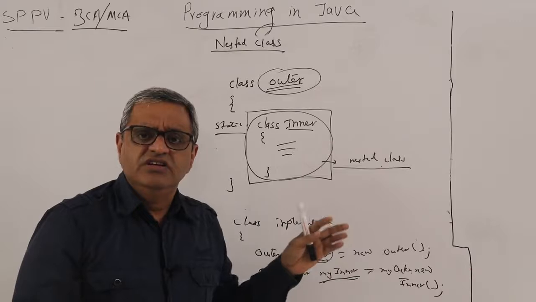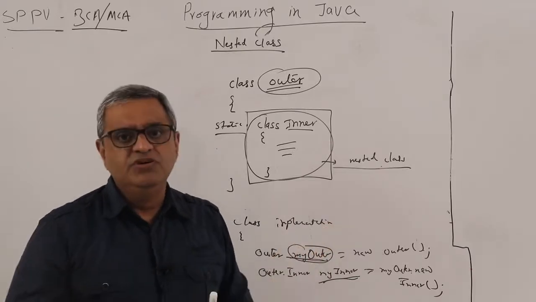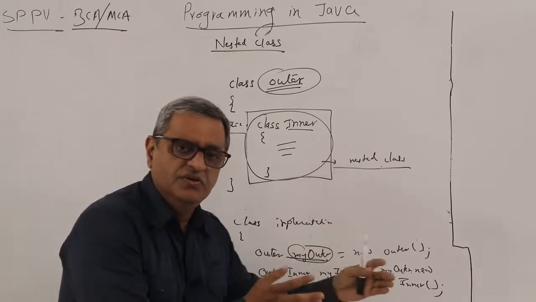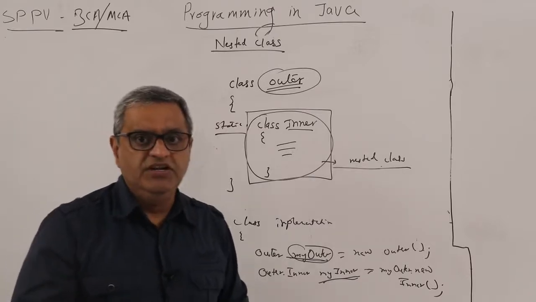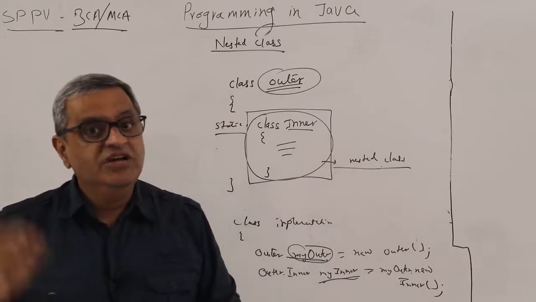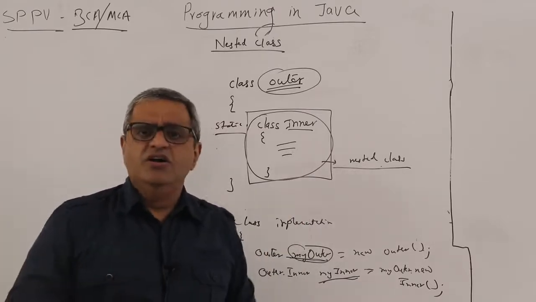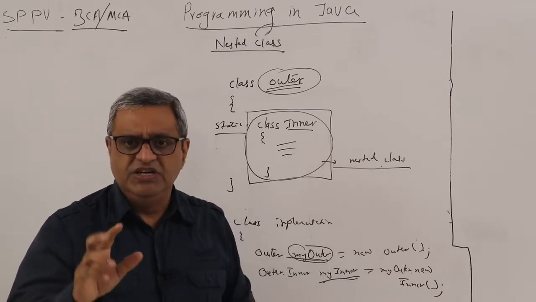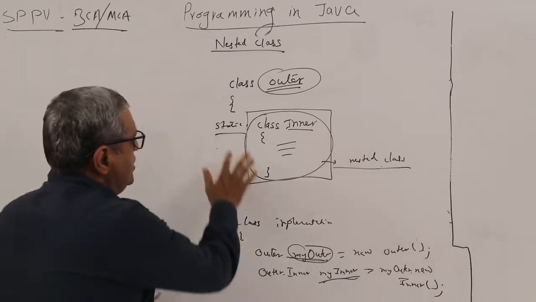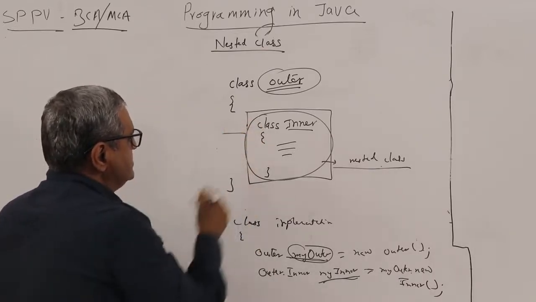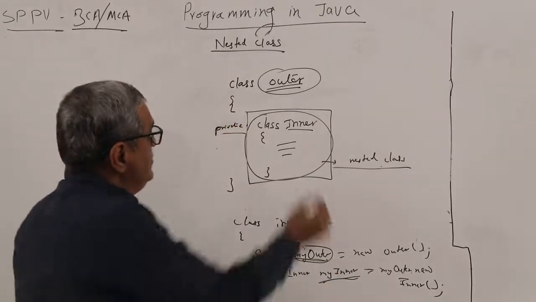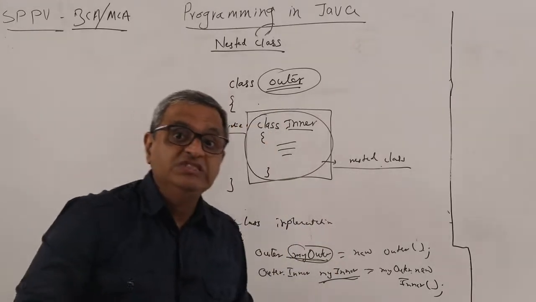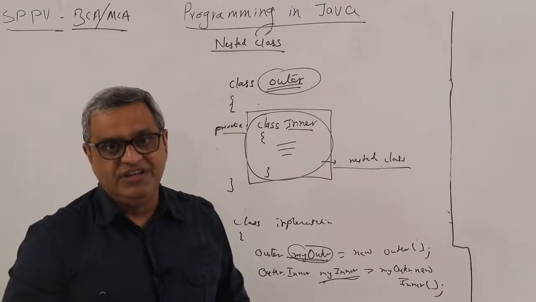These things are very important in the concept of inner classes, and they can be well explained with a typical example. There are also a number of aspects like access type: what happens if I have the inner class as a private class, or if I have private instance variables of the outer class.